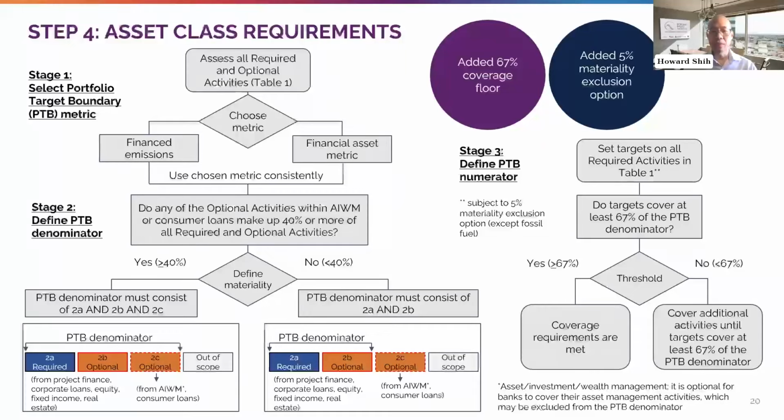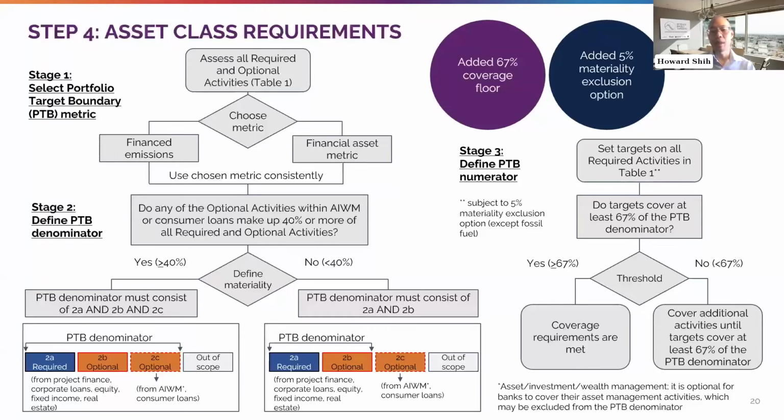In terms of the materiality exclusion option, so these can be applied to entire sub-asset classes that are non-material, meaning 5% or less of the portfolio target boundary. And they also cannot involve any fossil fuel activities.